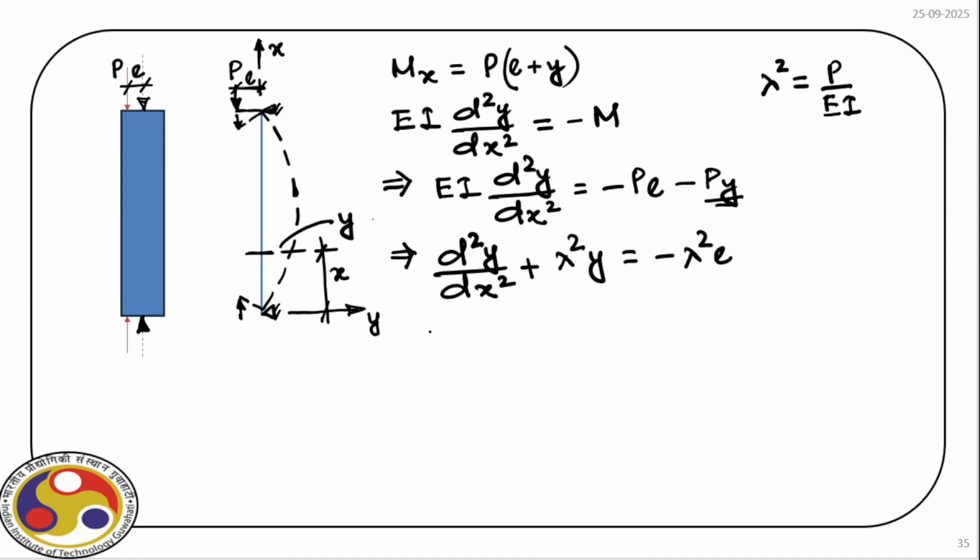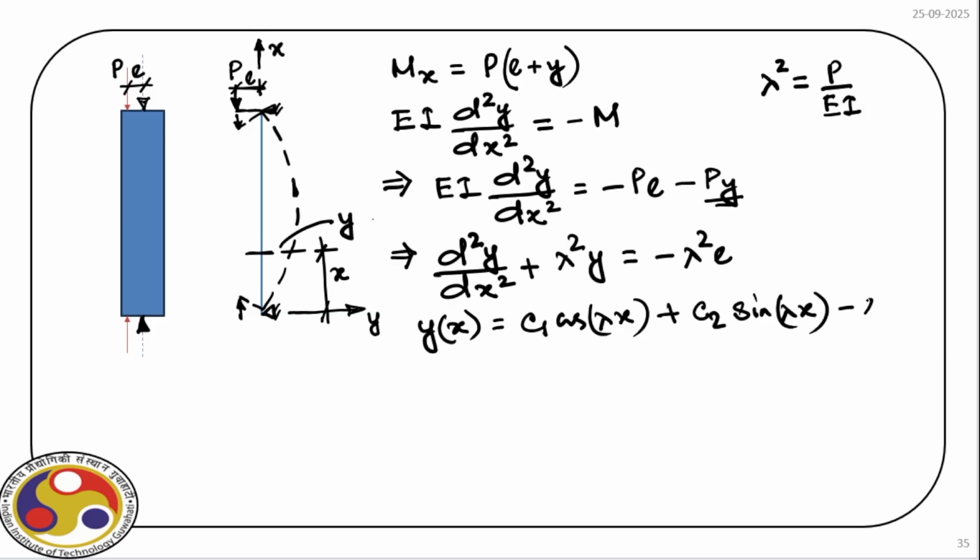Now for this problem again we can write down the solution. y(x) is, you can easily write, C1 cos lambda x plus C2 sin lambda x. Then we have the particular integral, that is e.